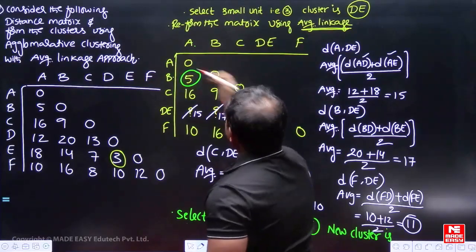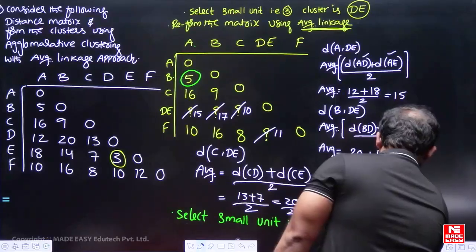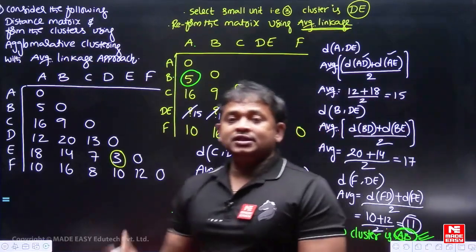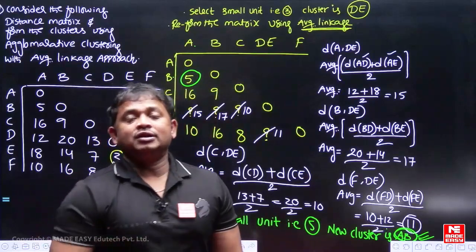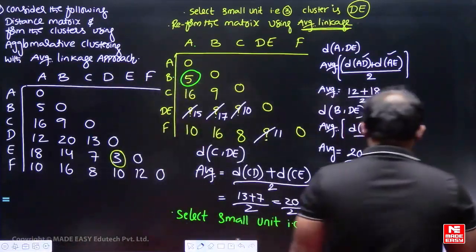This 5 is the AB pair. So A and B, these two elements are similar, that's why they are grouped into one cluster. Distance is small means similarity is high. Okay, AB is the new cluster.